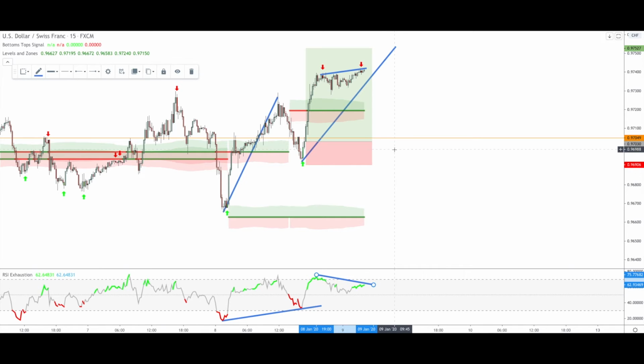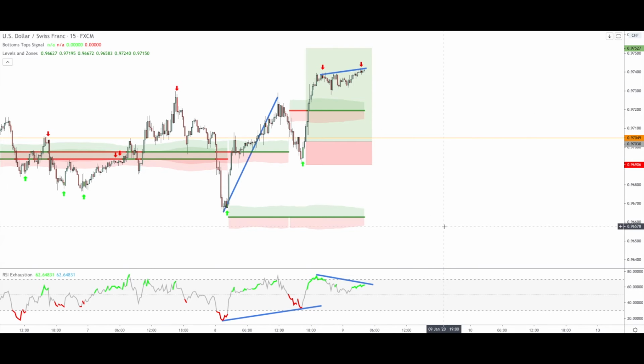So this is the typical scenario, let me cancel this line here, in which we place a sell order, because we have a top which is higher than the previous one while the RSI is lower, so we have divergence.